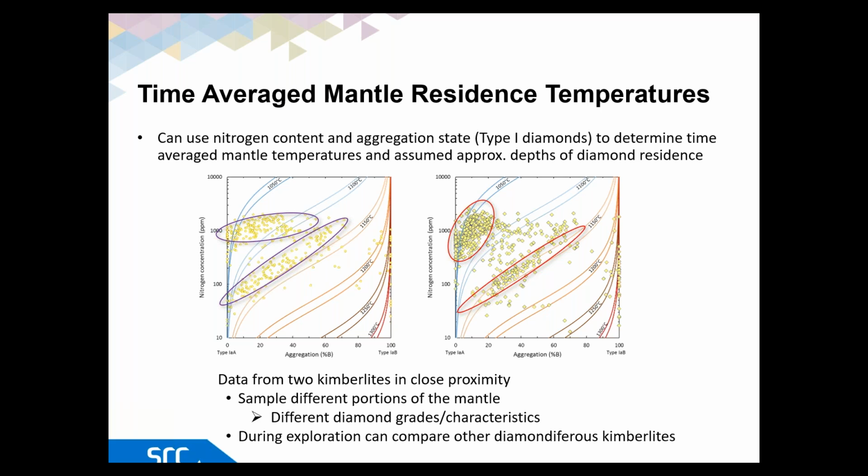The graph on the left, we see a group of diamonds that plot from around 1050 to 1100 degrees centigrade, and then another cluster of diamonds around 1130 degrees centigrade. If we look at the diamonds on the right, we have a much closer clustered group at around 1050, and then a deeper group at around 1150 degrees centigrade that just isn't really as visible on the other kimberlite.